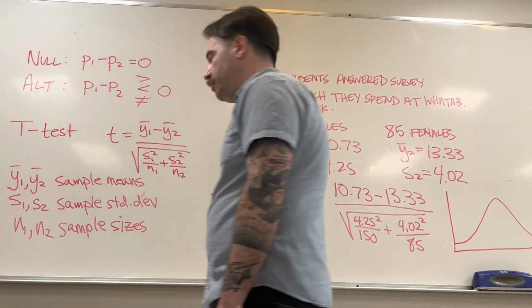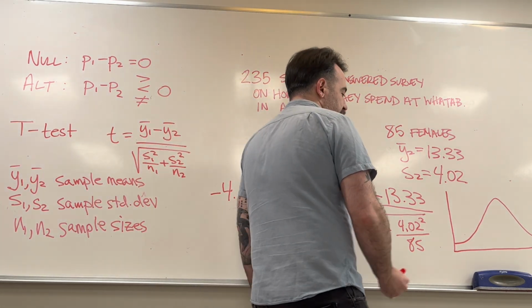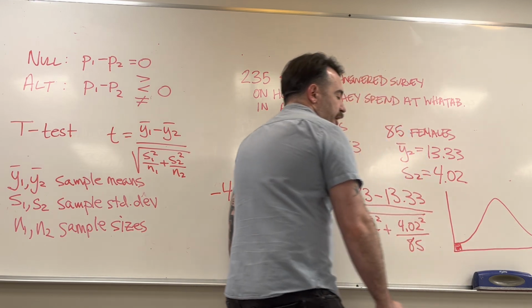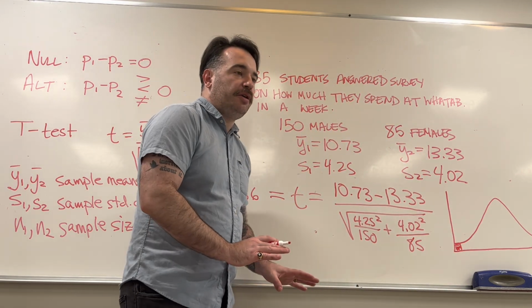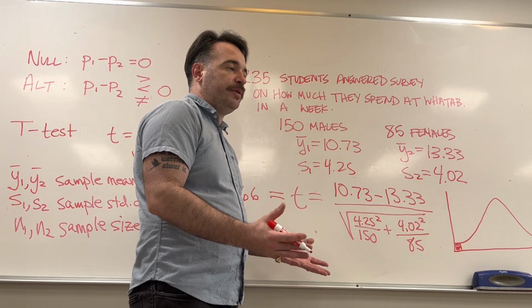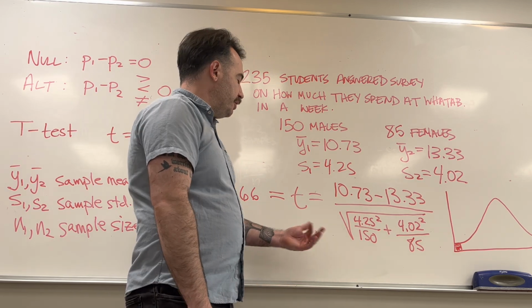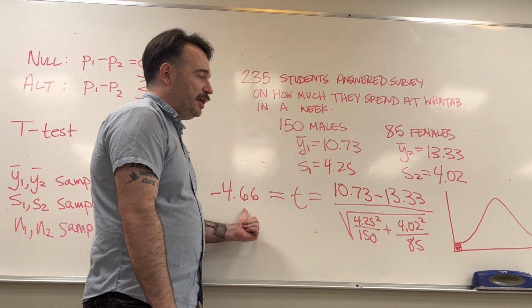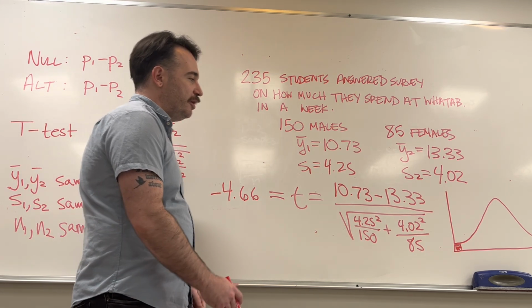So what does that mean? Well, 4.66 standard deviations from the mean is way over here. That's pretty far. Usually past 2 standard deviations, remember, we're already down to like 5%, so negative almost 5 standard deviations from the mean, that's very low.